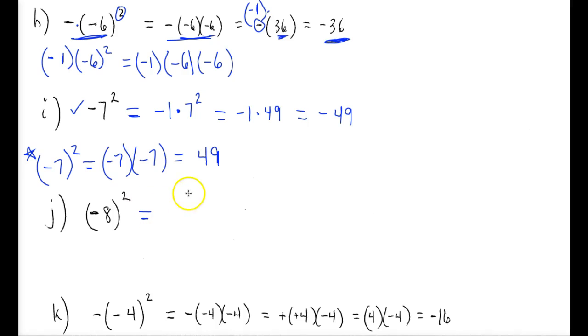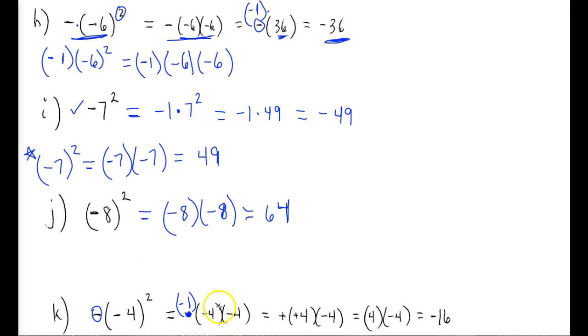With example J, similar to that, we know that -8 squared is just -8 times -8, which is a positive 64. Now if we look down at example K, we see that the negative on the outside here can be interpreted as taking -1 and multiplying it times everything else.